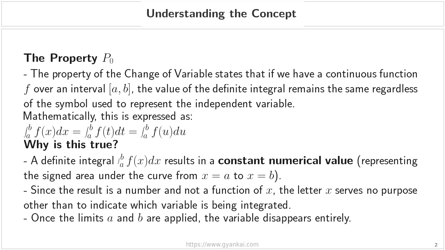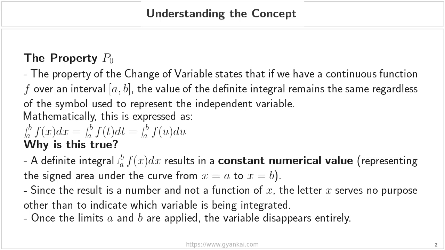Because the result is a number, the letter we use to represent the variable being integrated, whether it's x, t, or u, is actually irrelevant. The x simply tells us what we're integrating, but once we apply the limits a and b, the variable effectively disappears. We're just calculating a value, and the name of the variable doesn't affect that value. Okay, so let's move on to slide 2, where we'll formally state and understand this idea of a dummy variable.